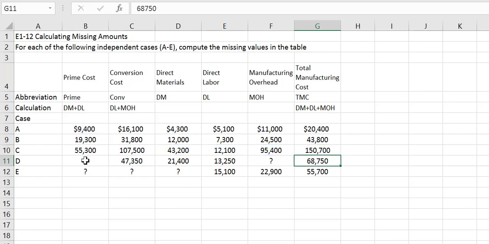Okay, case D, we're looking for prime costs. We know materials and labor, so that's easy. Materials plus labor is prime cost. Manufacturing overhead is going to be the total. There's a couple different ways we can get it. We can take conversion cost minus the direct labor cost. Let's try that.